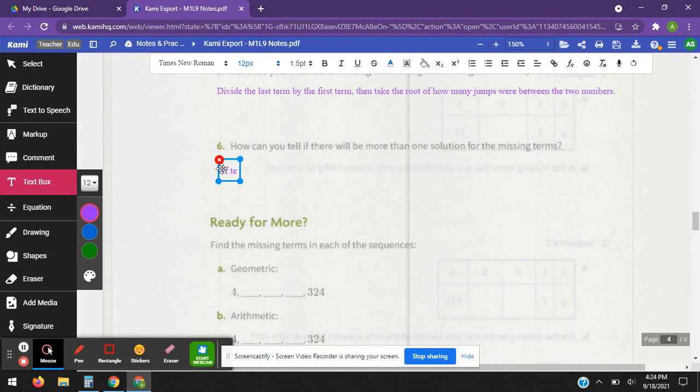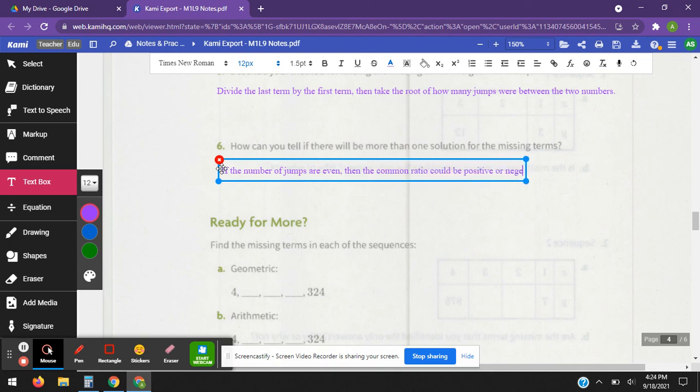The number of jumps are even, and the common ratio could be positive or negative.